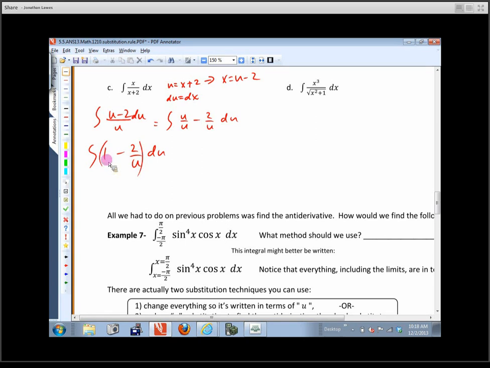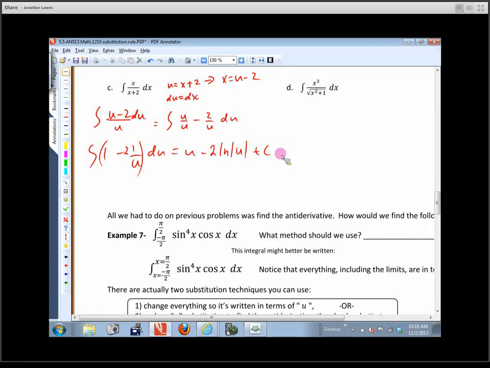What's the antiderivative of 1 with respect to u? Just a u. And what's the antiderivative here? Negative 2. If you had to write it, do this. Put the 2 out front and put the 1 there. That's the derivative of ln. So this is going to be the ln absolute u plus c.